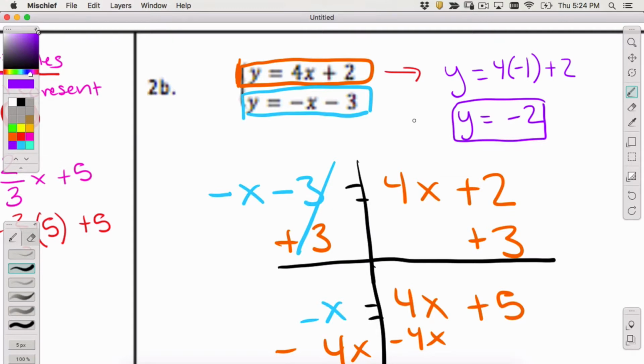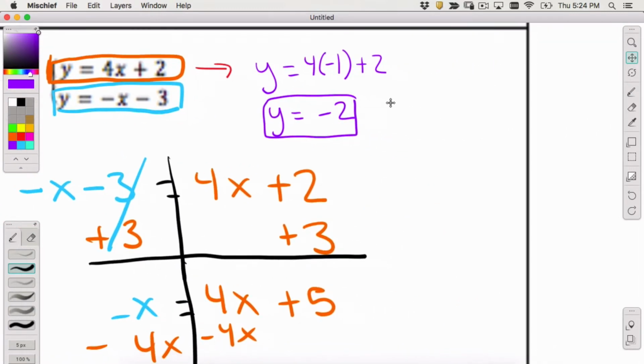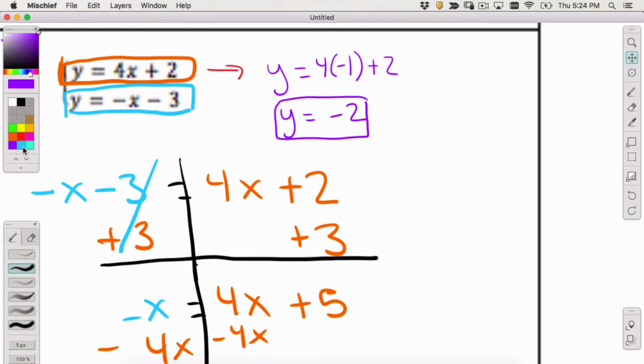So that means that if these two equations share the same solution, and what I mean by solution is a coordinate point, x and y, then if I plug in this y value here, I will get this x value. Let's see if that works. Move this over. So we're going to do y equals -1 times a -1 minus 3.